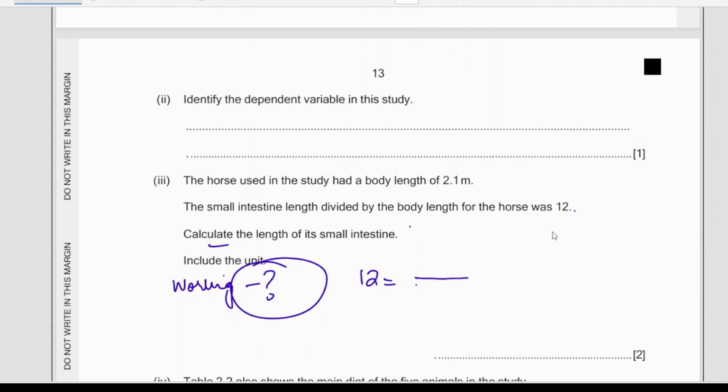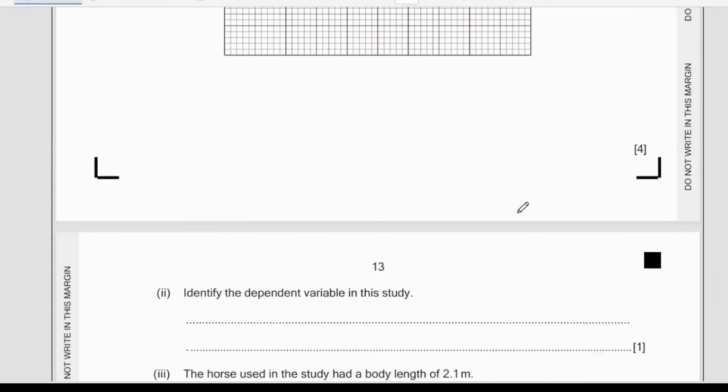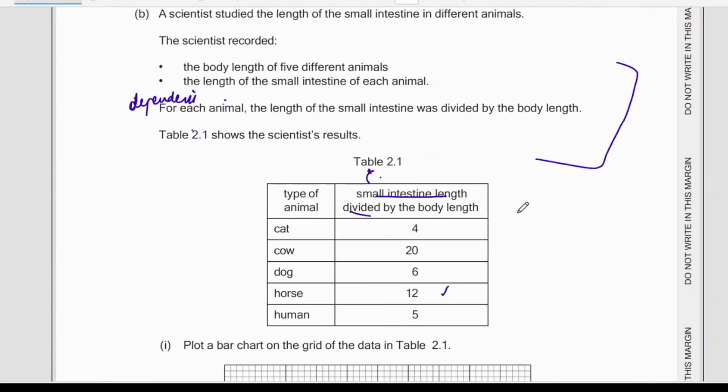It's so confusing. Wait, wait. The small intestine is always longer than the body length. That is for very sure. Your small intestine is longer than you. So this must be meter. It can't be centimeter.